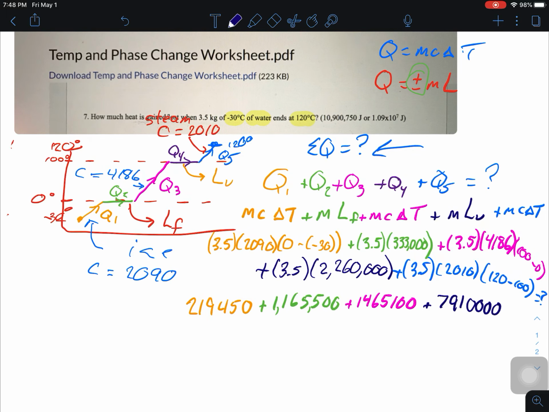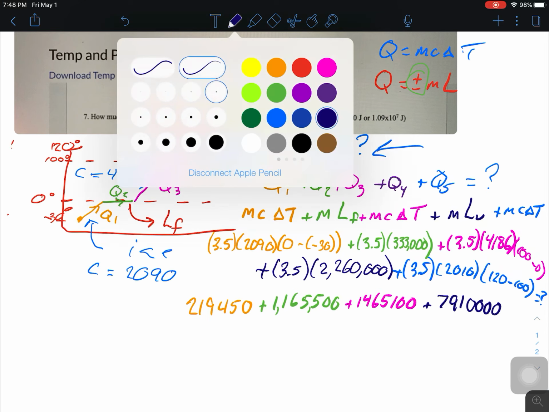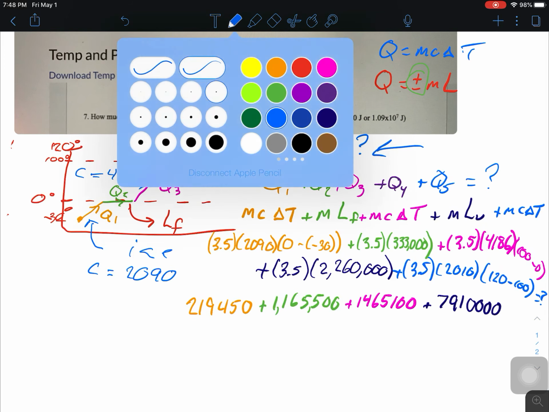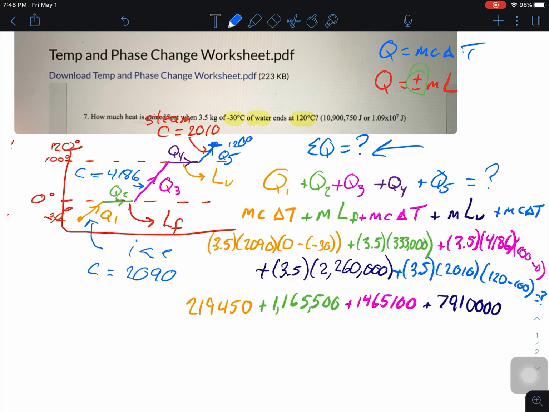And then my Q5 is 3.5 times 2010 times 120 minus 100, so 20. And that's going to be plus 140,700, which is equal to question mark.